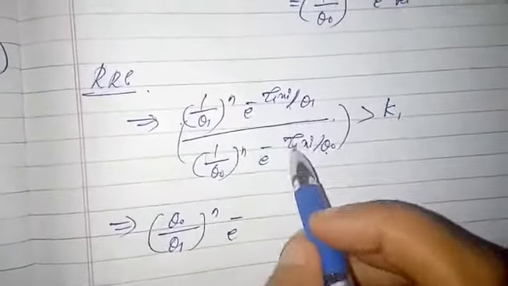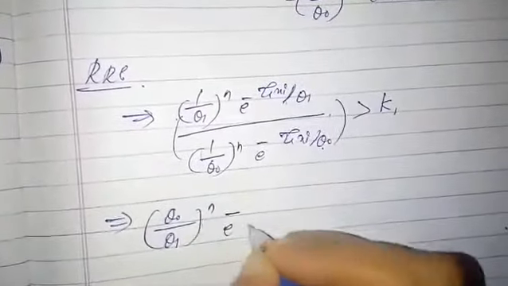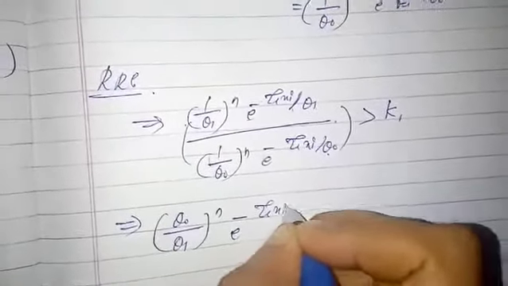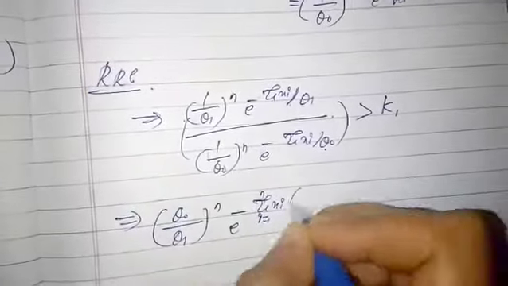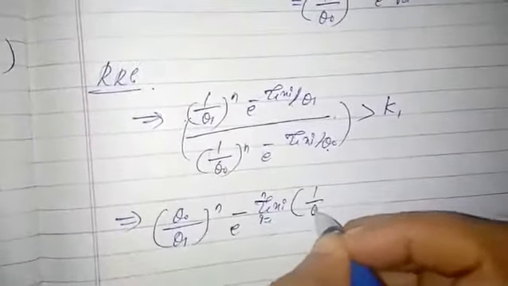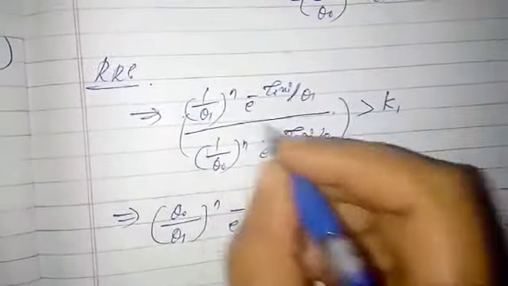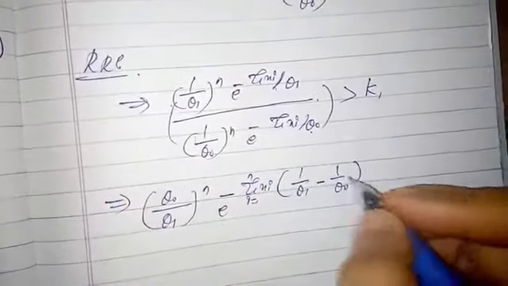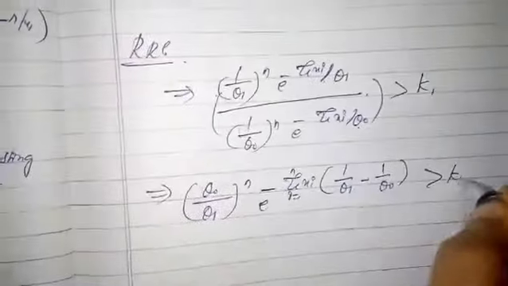Here we can take these two terms together: e^(-summation xi, i from 1 to n, into (1/θ1 minus 1/θ0)), which is greater than k1.